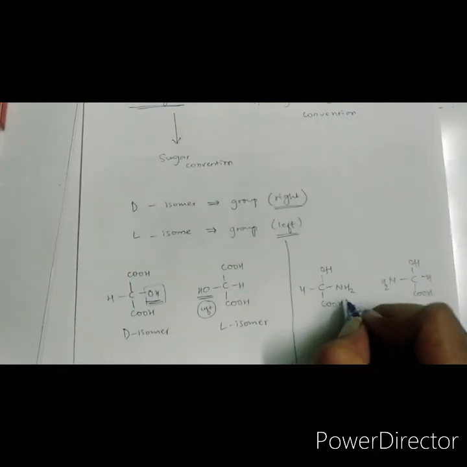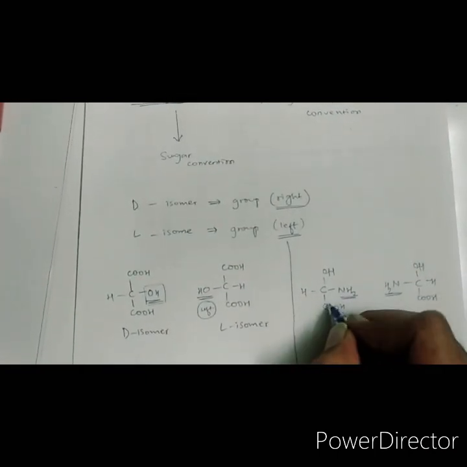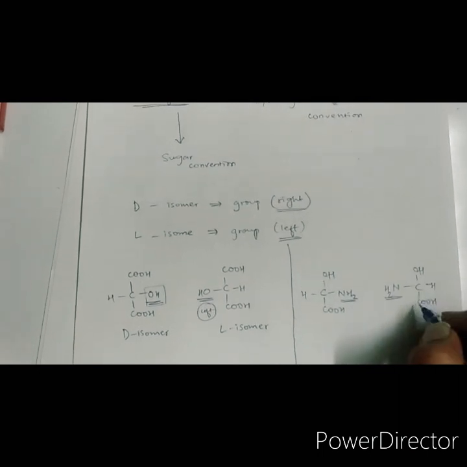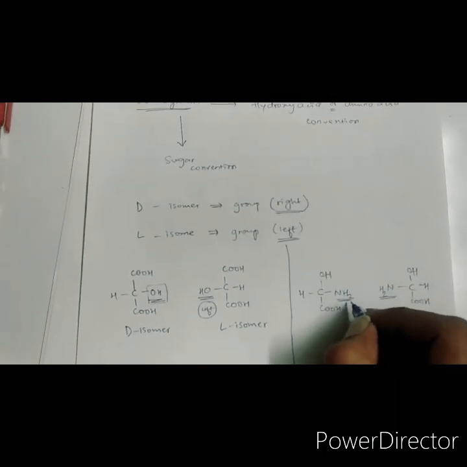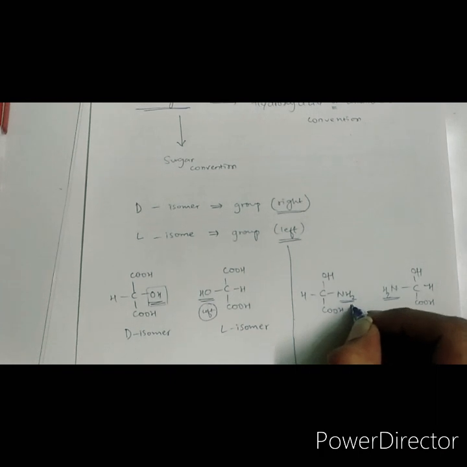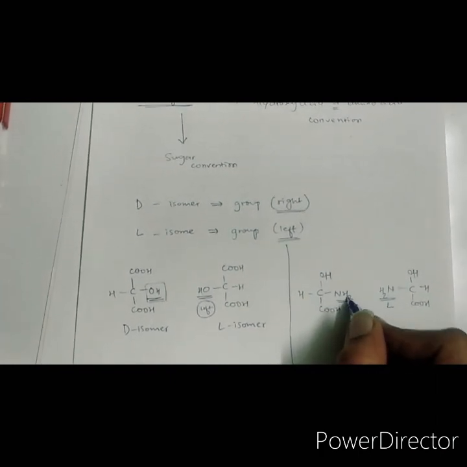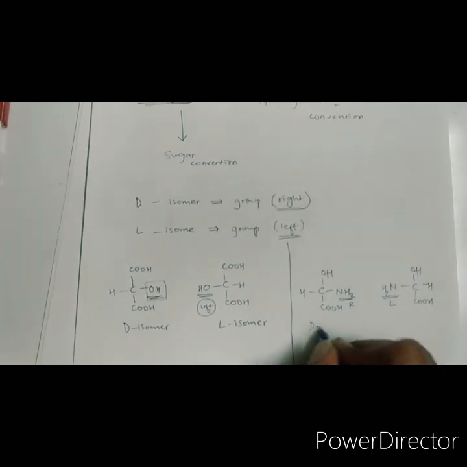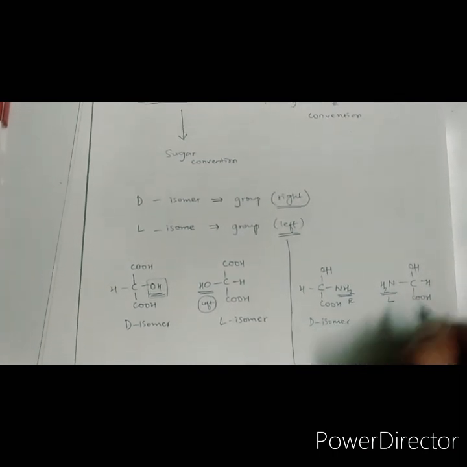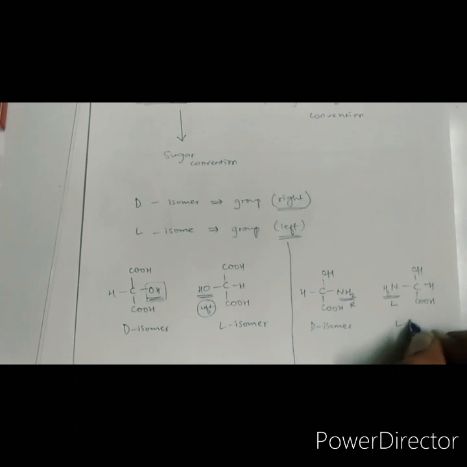You can see here the amino group, this is an amino acid and this is also an amino acid. Here the amino group is present on the right hand side, while here the amino group is present on the left hand side. So clearly we can define that this isomer is D isomer and this isomer is L isomer.